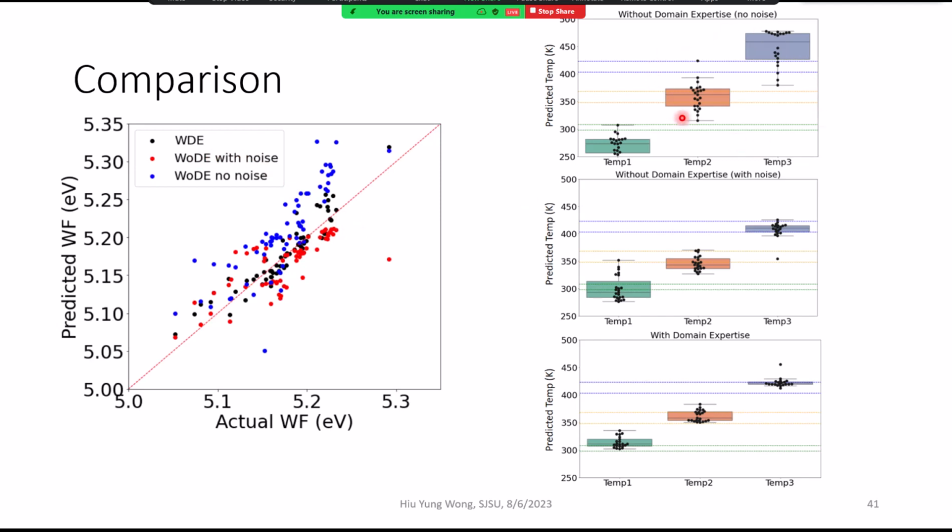If we look at the temperature prediction, again, the bottom is with domain expertise. You see that for temperature 1, temperature 2, temperature 3, it predicts pretty well, for the range and also for the vertical range. The autoencoder with noise is also pretty good, a little bit worse.